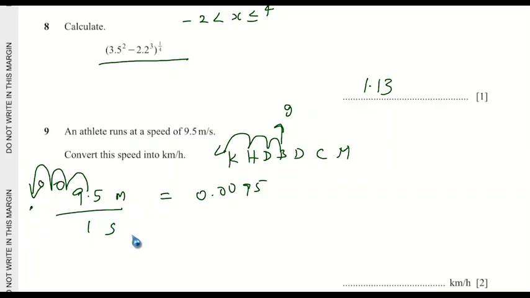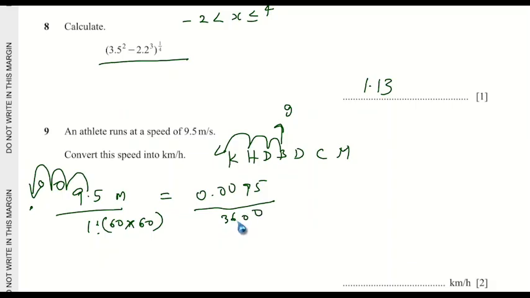Then 1 second. To convert 1 second to hours, this is going to be 1 second, then you open the bracket, divided by 60, it is now in minutes. Divide by another 60, so it is now in hours. So that means we're going to divide by 3600.